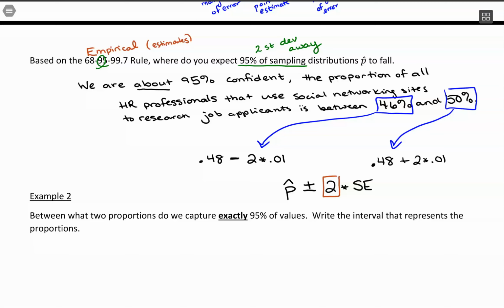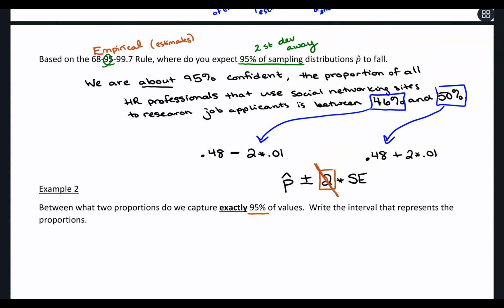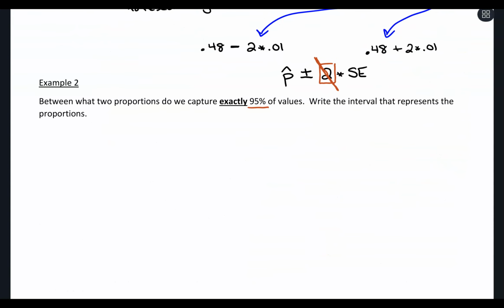So it's kind of giving you this distance of how many standard errors to go. So that is a Z-score. However, based on the empirical rule, it's a little bit inaccurate. So what we want to do is improve that value. So let's improve on that value of 2 there for our calculation, but everything else around it is going to stay the same.